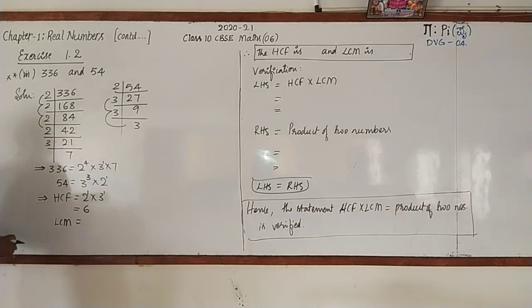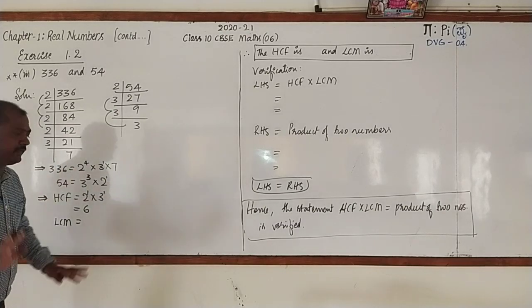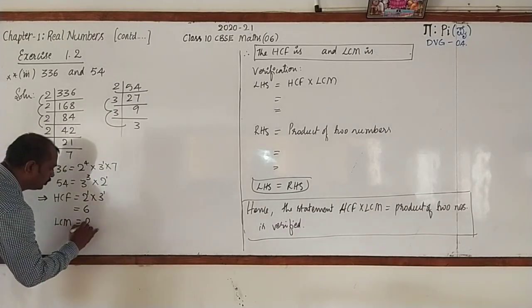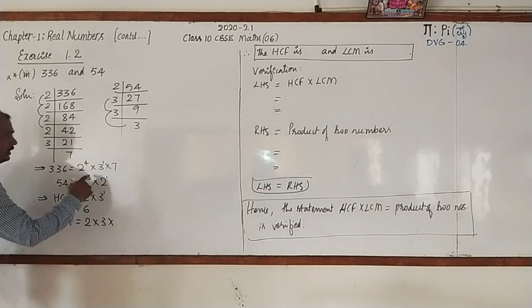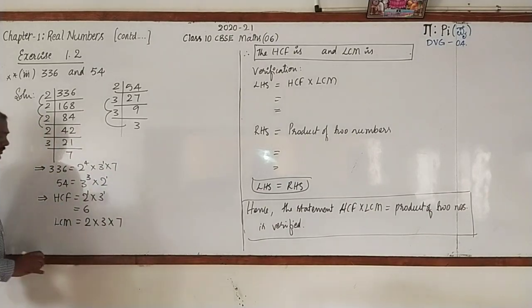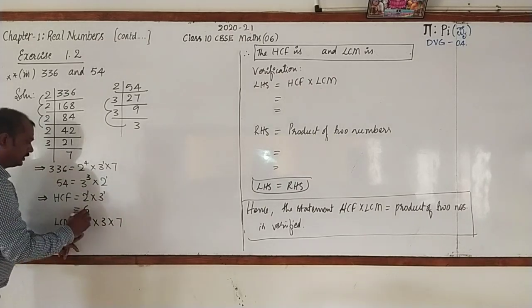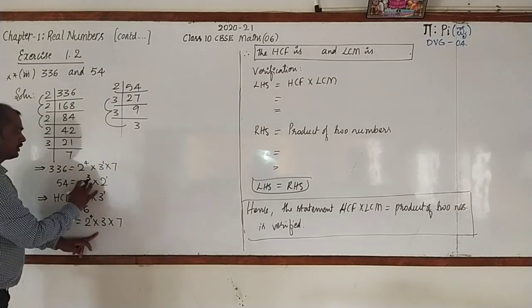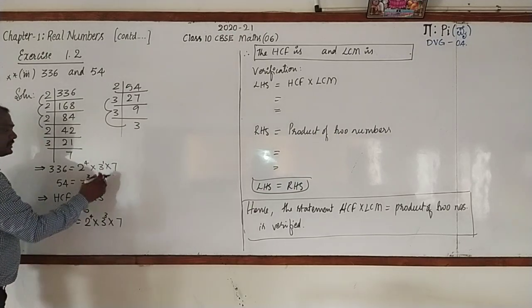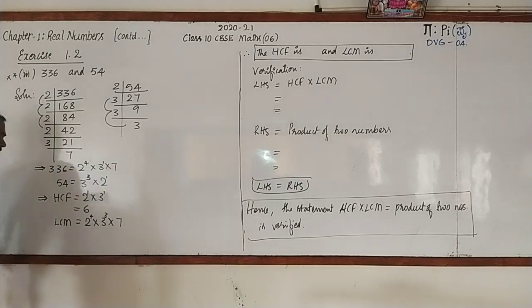Now let us go for finding LCM. LCM is equal to, let us write all the prime factors. The prime factors are 2, 3 and one more, 7. Then here we will go for taking their highest power. What is the highest power of 2? It is 4. Highest power of 3? It is 3. Highest power of 7? We can keep that as it is.